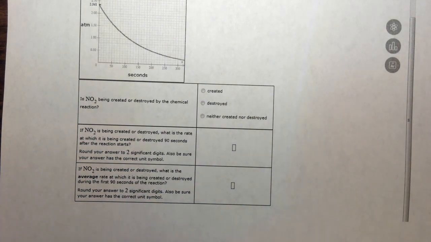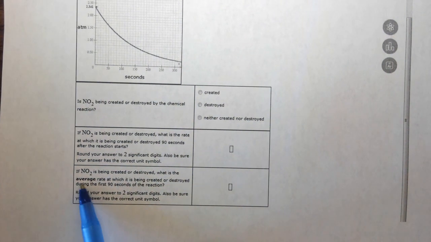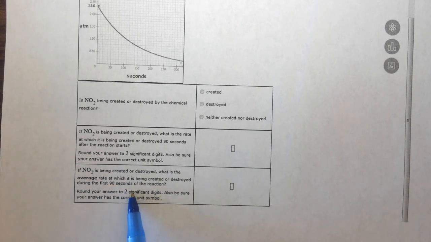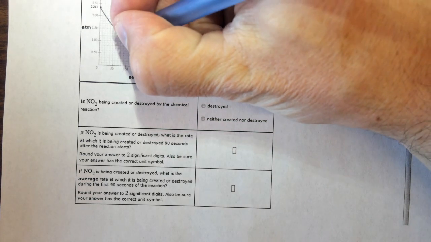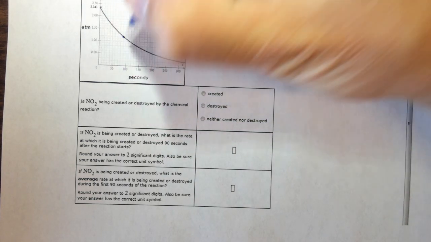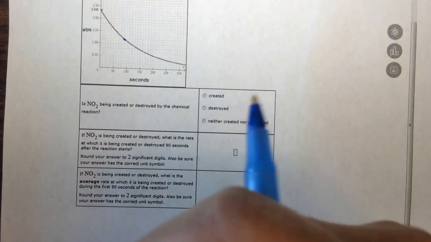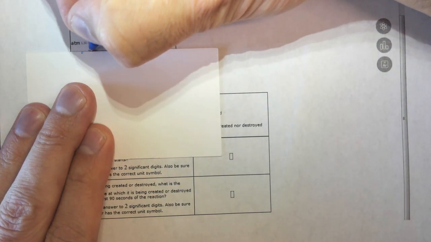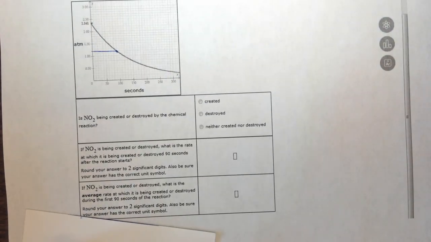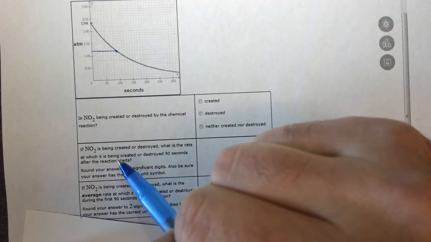For the last one, I need to use a separate piece of paper. I want to find the average rate at which NO2 is being created and destroyed during the first 90 seconds. So again, I want to find the point on the graph where there's 90 seconds, but this time I want to take this curve and go back over to the y-axis.